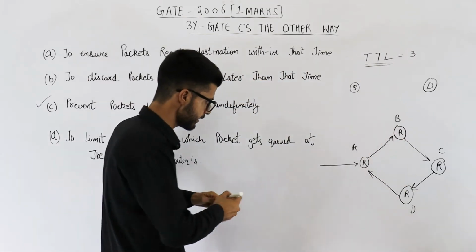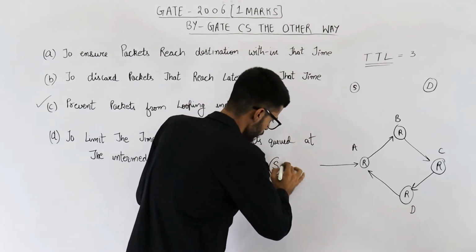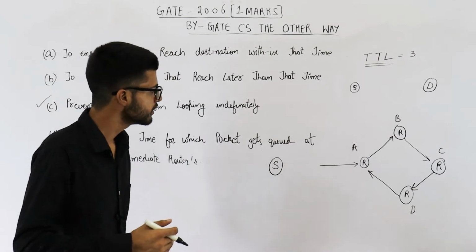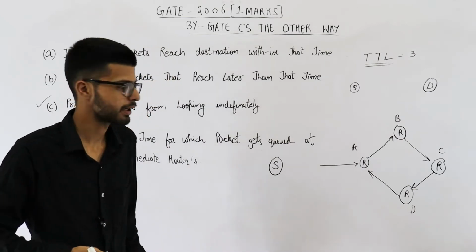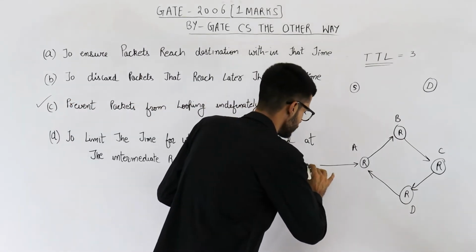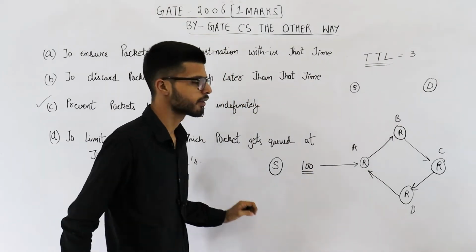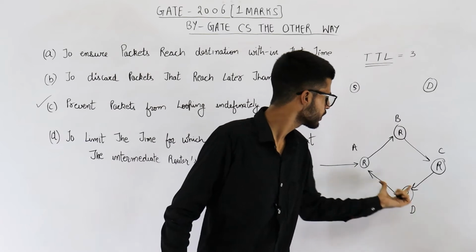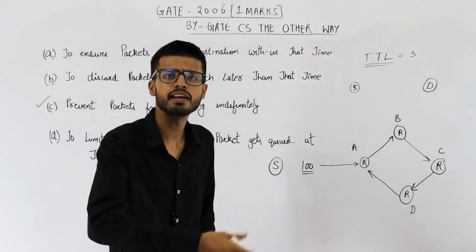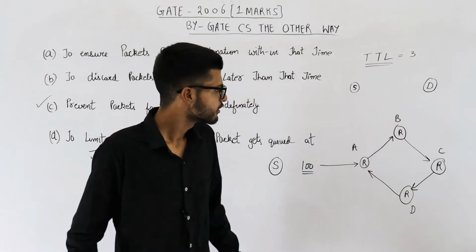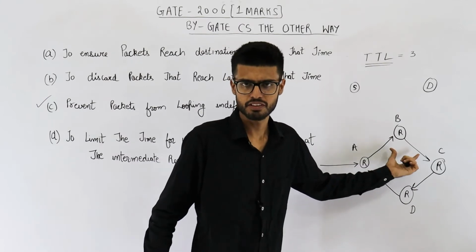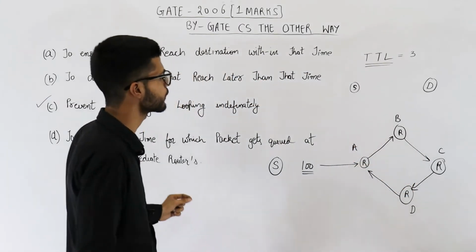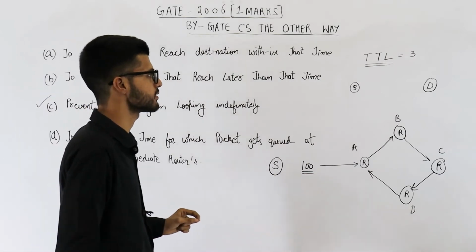And if the source that actually created that packet creates 100 more such packets, now there are 100 such packets, we can say that entire capacity of these routers will be used in just creating a loop of 100 packets. So that is not very efficient use of this network, routers, links, bandwidth and processing power. So we want to avoid such a scenario.